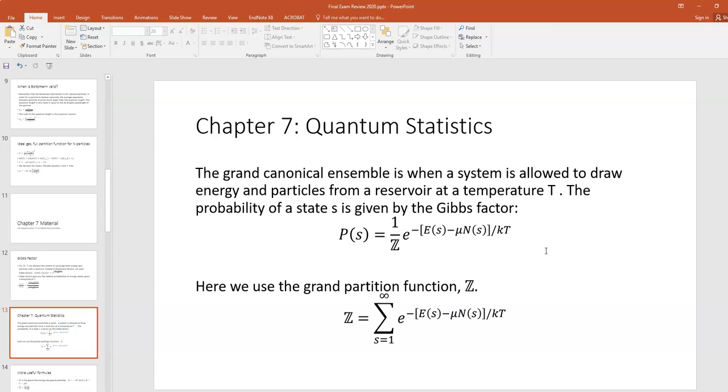Now the probability of the state, P(s), is 1 over the grand partition function Z times e to the minus (E_s minus mu N(s)) over kT, okay? So that's 1 over the grand partition function times your Gibbs factor, all right? And the grand partition function is the sum over all the states of the Gibbs factors.